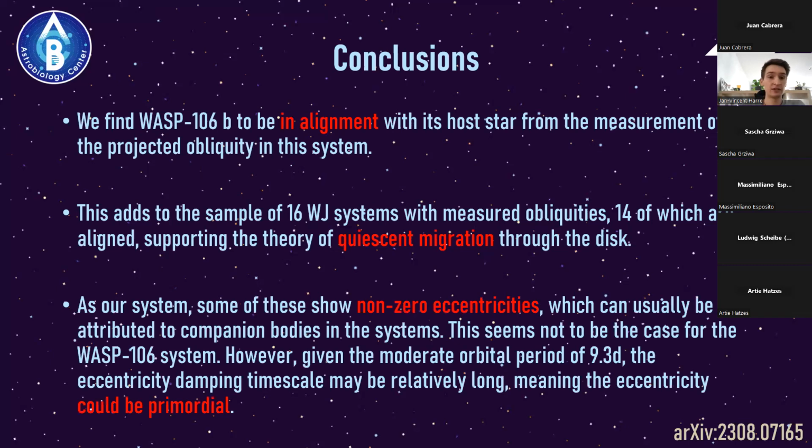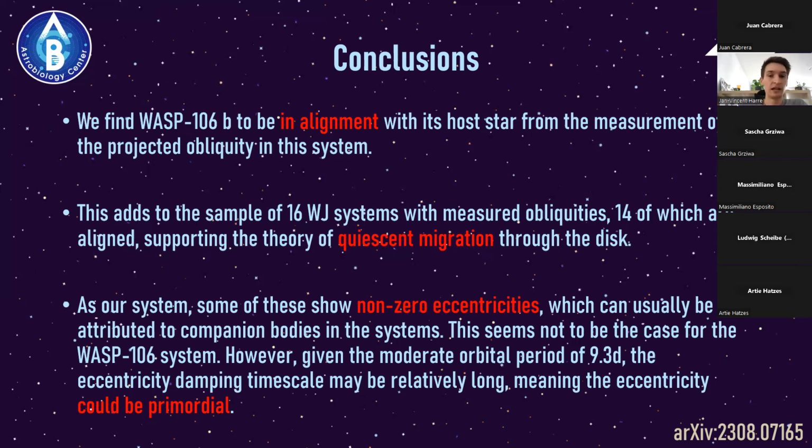And like our system, some of these already mentioned 16 other systems show non-zero eccentricities, which can usually be attributed to companion bodies in the system, be it a second star, a brown dwarf, or another planet.